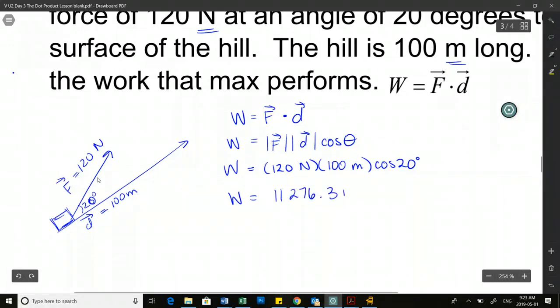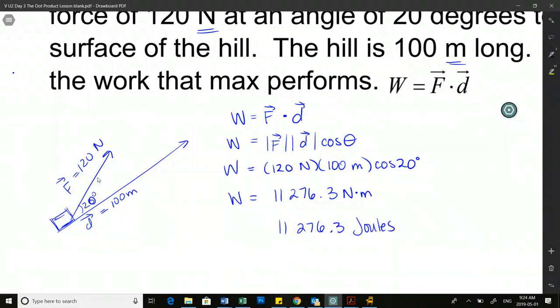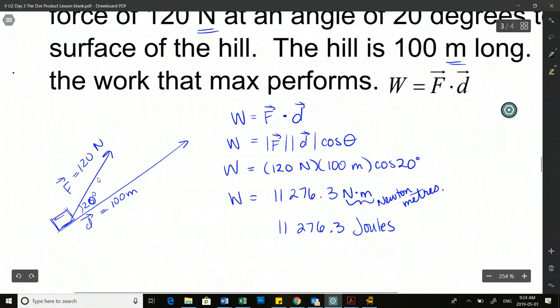Great. And this is Newton meters, we say, or 11,276.3 joules. That is what Newton meters are. Okay, so there's our work.